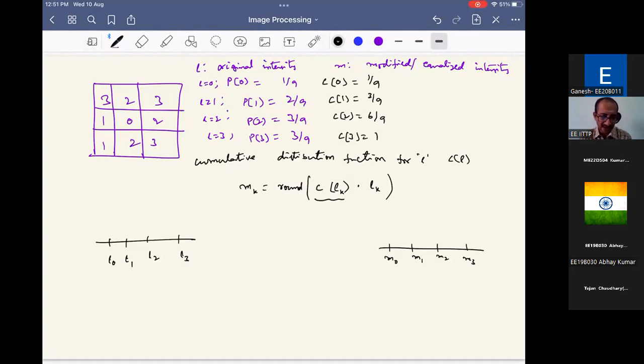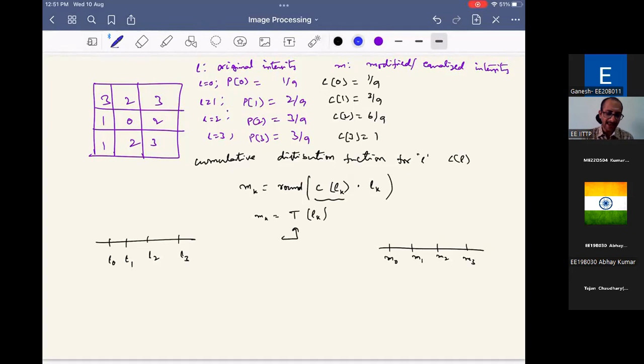Essentially this is the transformation expression. MK is transformed from LK. What is this transformation doing? It is essentially bringing the intensities of MK proportional to the cumulative distribution of LK. That's all. It is multiplied by LK because we want the monotonicity to be maintained, and that gets weighted by the cumulative distribution.